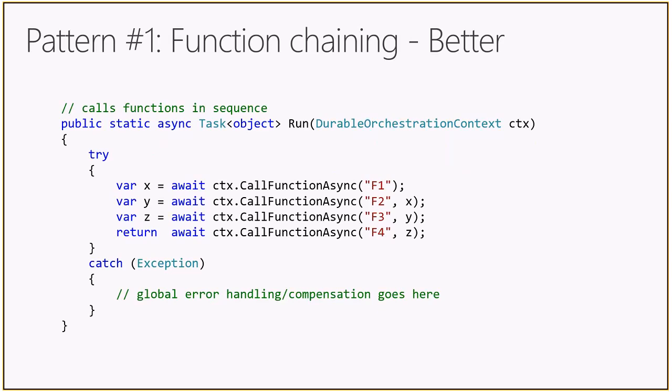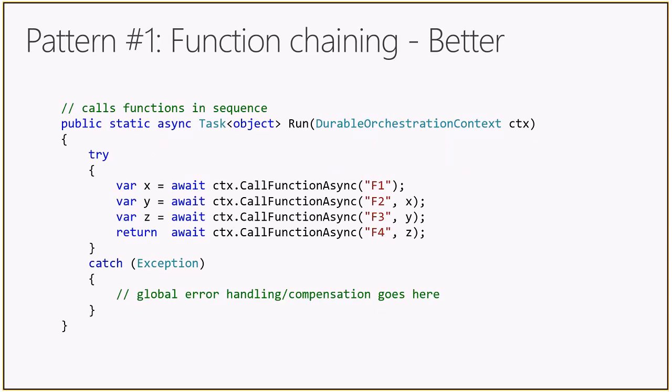Using durable function, this is how you will call it. Let's say there are four functions, F1, F2, F3, and F4, and you call all of those functions with await. If you remember, this was some async pattern. What it is doing is it is not waiting for the first call.